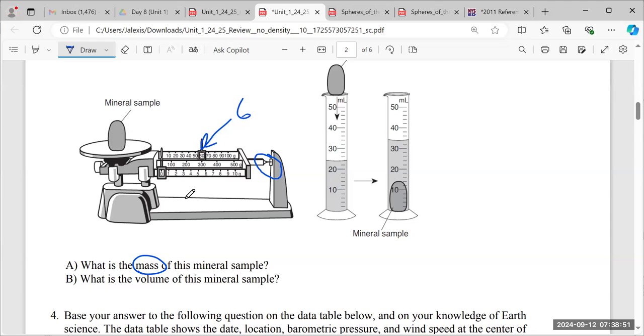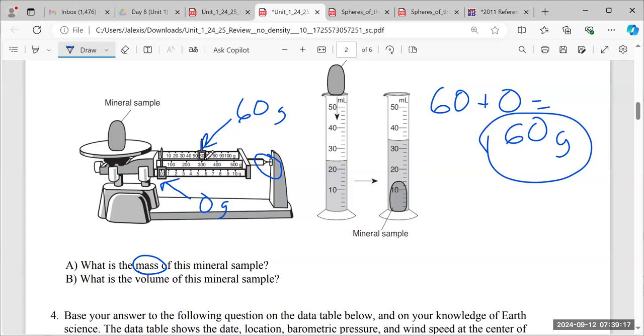So I see 60 grams here, and I see 0 here, right? And I don't see any other numbers highlighted, right? So therefore, my mass is going to be 60 plus 0, and that's going to be 60 grams.